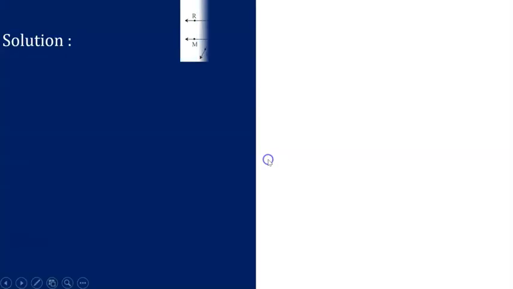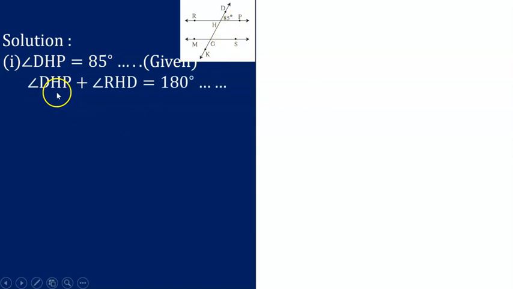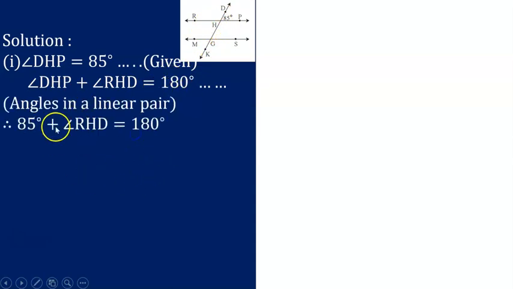Now we'll see here the first solution one by one. Measure of angle DHP is equal to 85. This is given. Measure of angle DHP plus measure of angle RHD is equal to 180, as they are a linear pair. Substitute the value of DHP, 85 degrees plus RHD is equal to 180 degrees. Therefore, measure of angle RHD is equal to 180 minus 85 degrees.